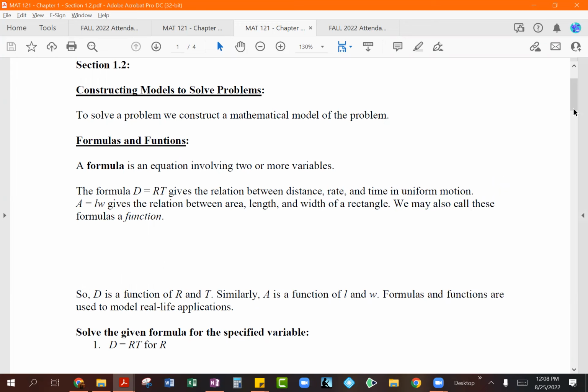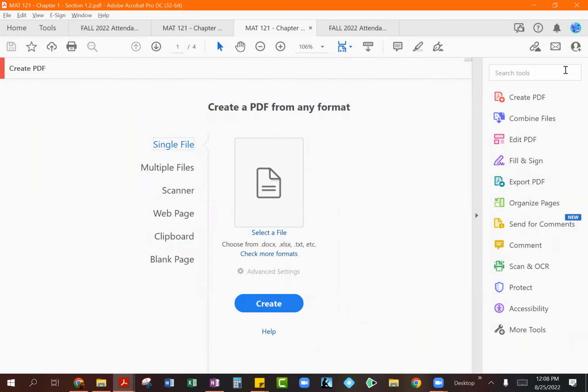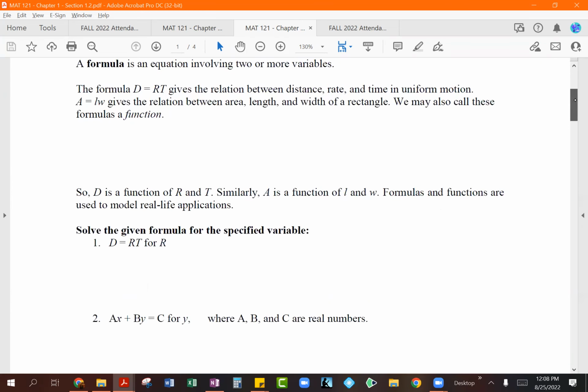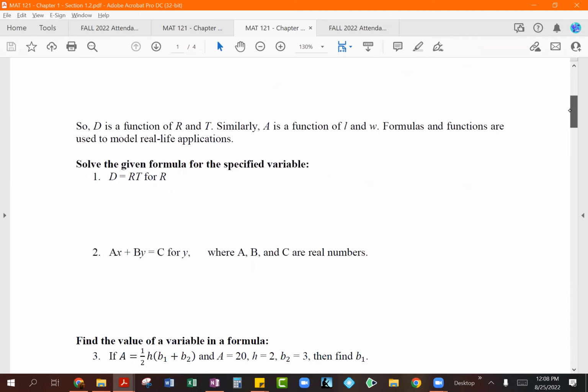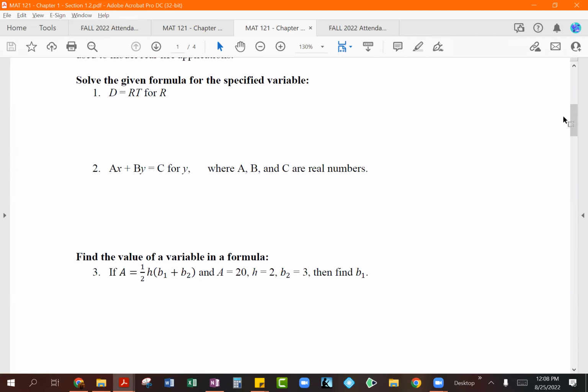So the example we are looking at, this one is actually just asking you to rewrite the formula. Instead of D equals RT, what if we wanted to get R by itself? What would you end up doing to get R by itself?